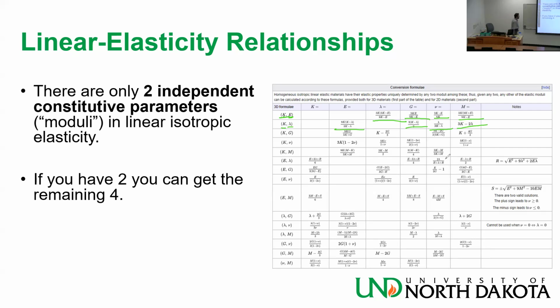And in the homework, I'm asking you to make a spreadsheet where you put those 2 values and you get automatically the other 4. And I ask you to save this spreadsheet, not as geomechanics homework two, but as like linear elasticity moduli calculator or something, so that you can use it in the future.